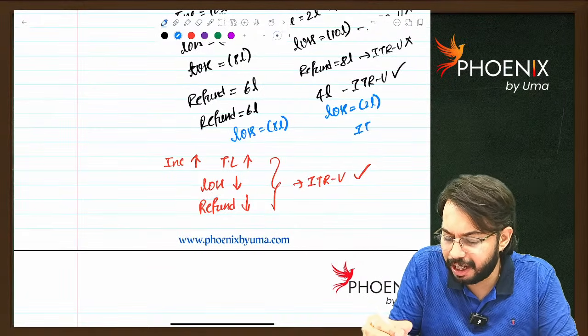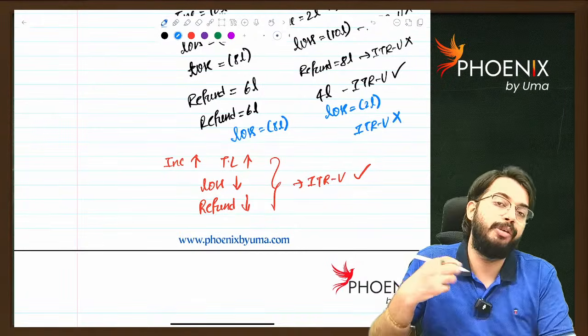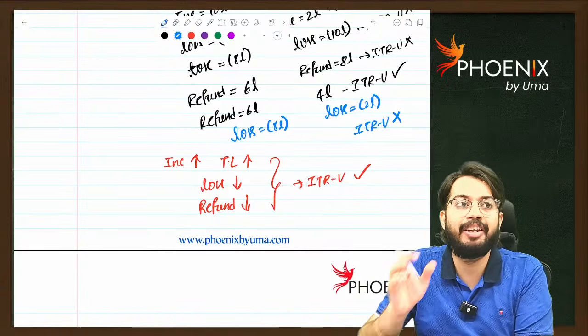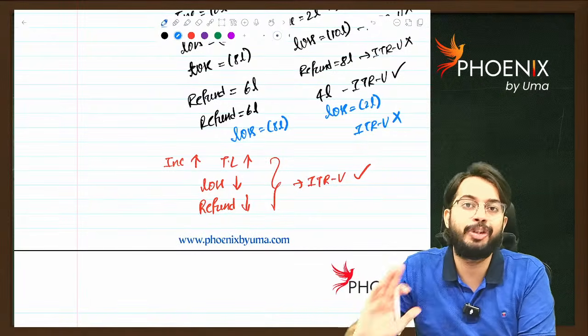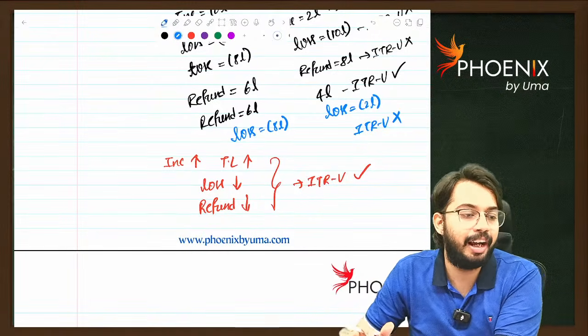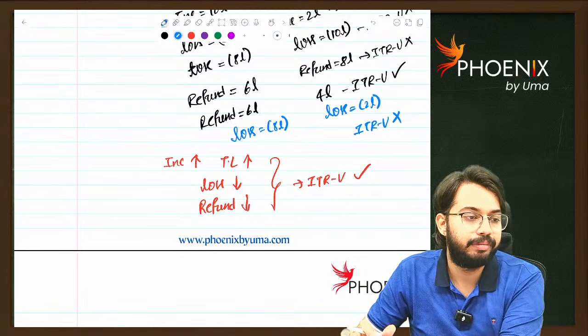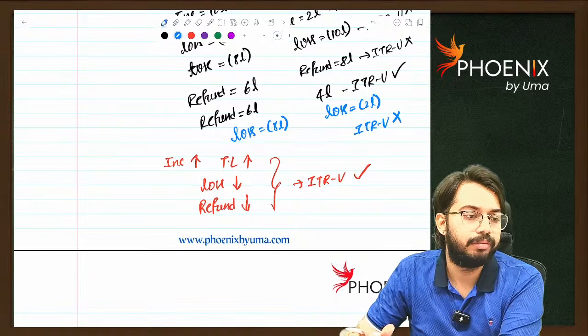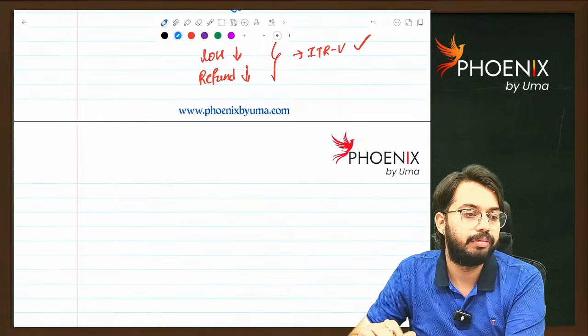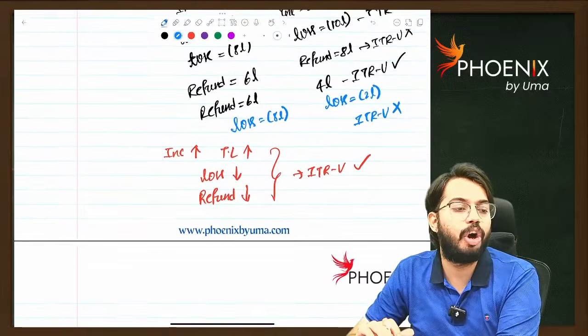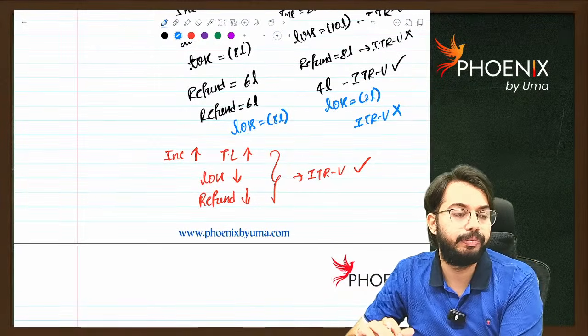Can you file ITR-U? You cannot file ITR-U. That's how the provision is. Whenever there is loss return, mandatorily you should show income. Then only you can file. Okay. Refund is also not possible through ITR-U.